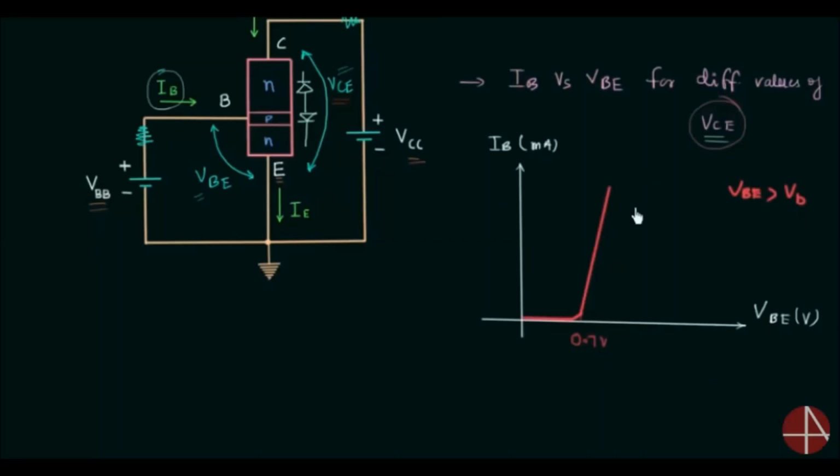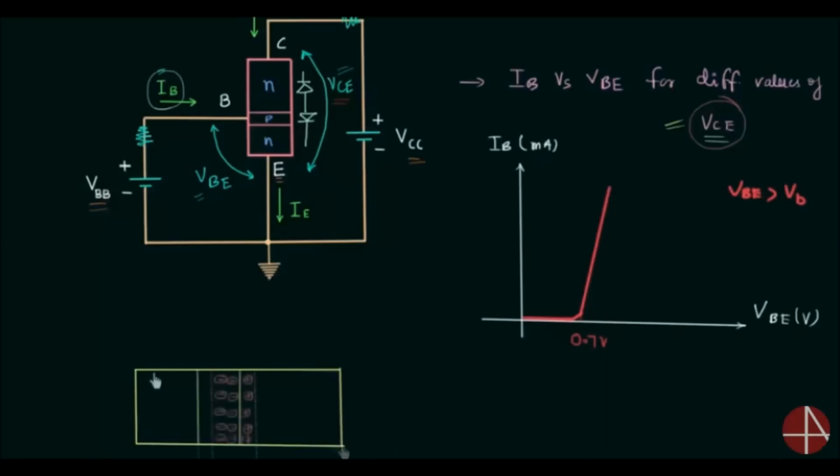The next thing is the effect on characteristics because of the output voltage VCE. In order to find this out, we need to revisit the early effect or the base width modulation. We have already discussed base width modulation in the common base presentation. This is the emitter region, this is the base region, and this is the collector region.